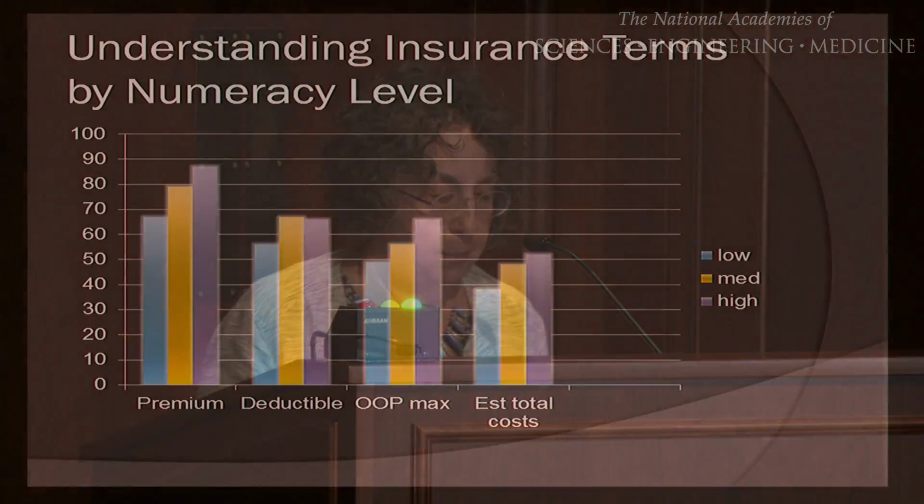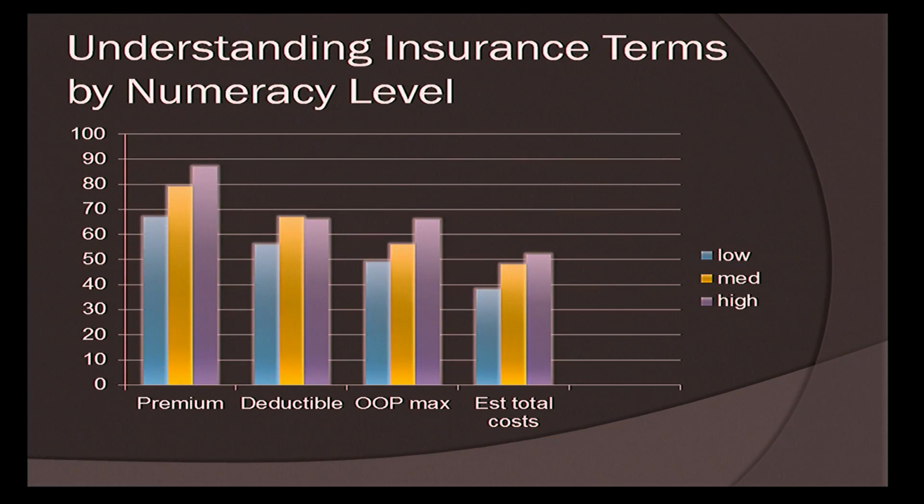So some of the studies I'm going to share with you are based on a recent study we did with funding from the Coquinas and Giovannis Foundation, where we looked at information commonly presented in the health exchanges, and we looked at how people did who have different numeracy levels, and we looked at different ways of presenting the information and how that affected their choices.